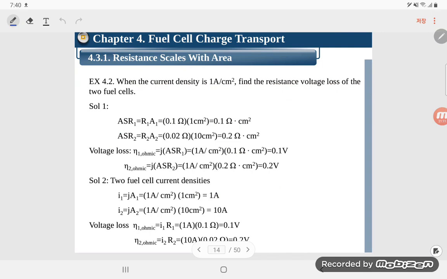So let's take a look at one example for calculating the ASR and ohmic loss. When the current density is 1 ampere per square centimeter, find the voltage loss, the ohmic loss, of two fuel cells.